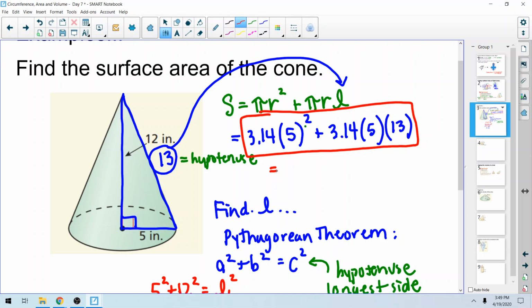So let's see. 3.14 times 5 squared plus 3.14 times 5 times 13, and I'm coming up with 282.6 inches squared, and surface area is in squared units because we're talking about an area. Remember, perimeter is just inches, area is inches squared, and if we were talking about volume, then we would be doing inches cubed. So surface area is inches squared.